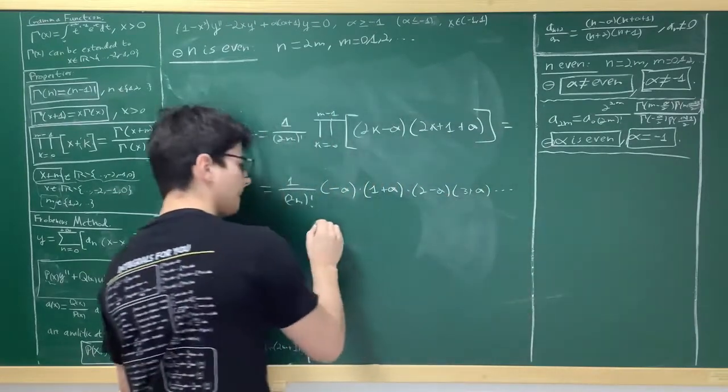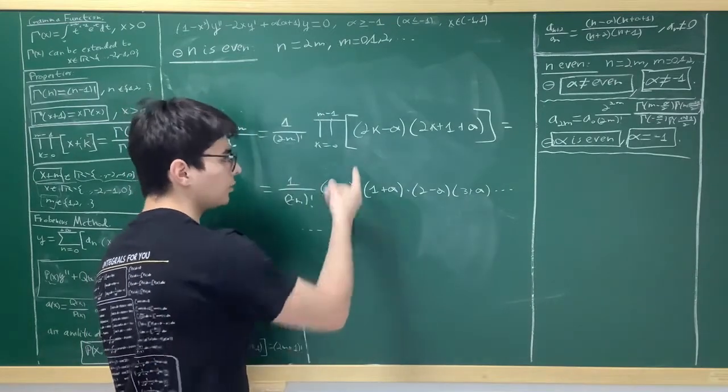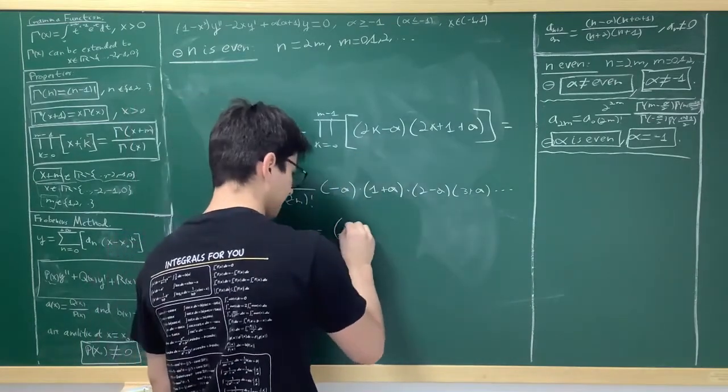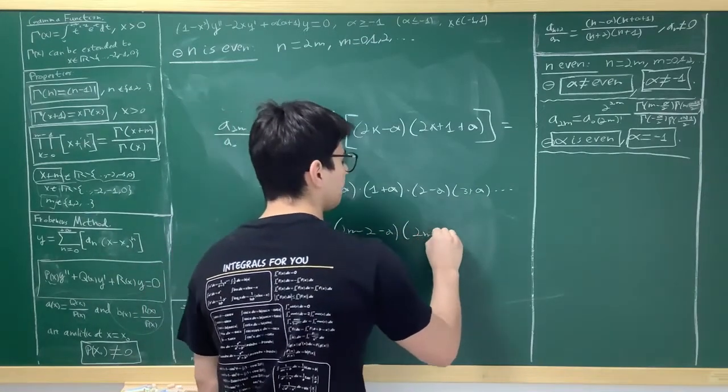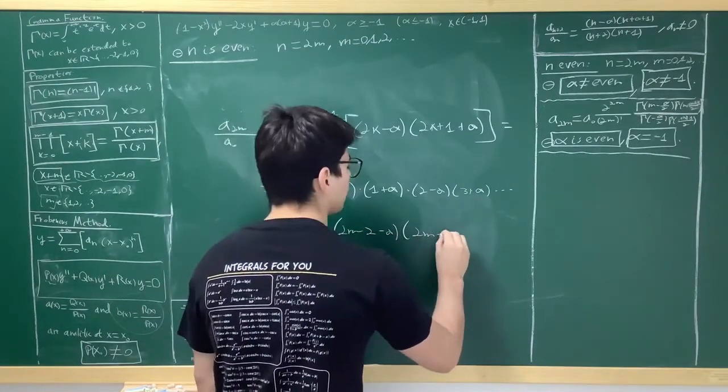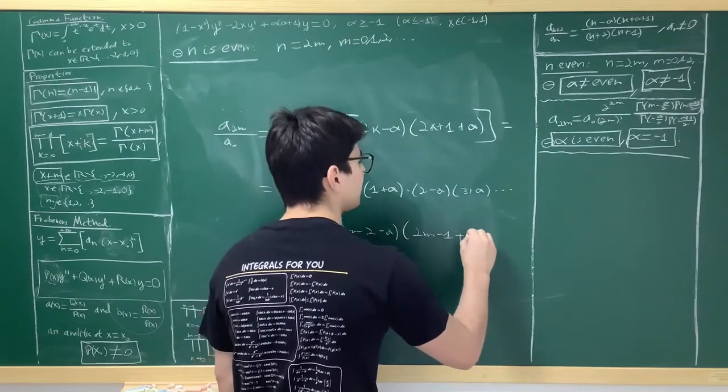And going up to m minus 1, we get 2m minus 2 minus alpha times 2m minus 1 plus alpha.